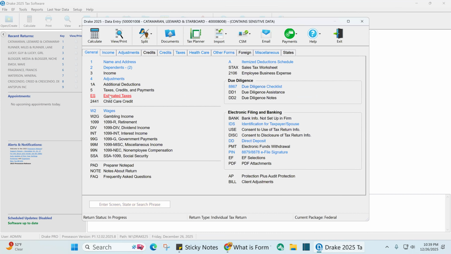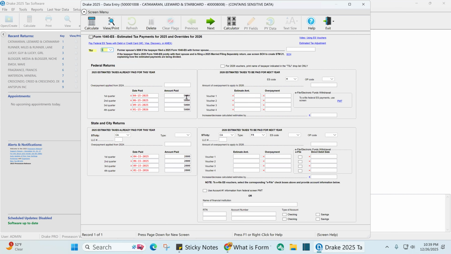So the wife was paying estimated tax of $5,000 per quarter for federal and $2,000 per quarter for state. As you have the estimated tax on the left side for 2025, you should also do estimated tax for 2026.